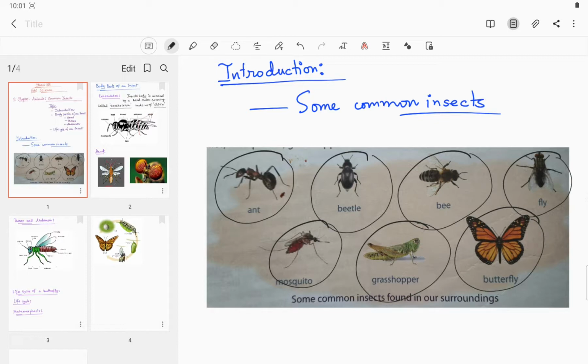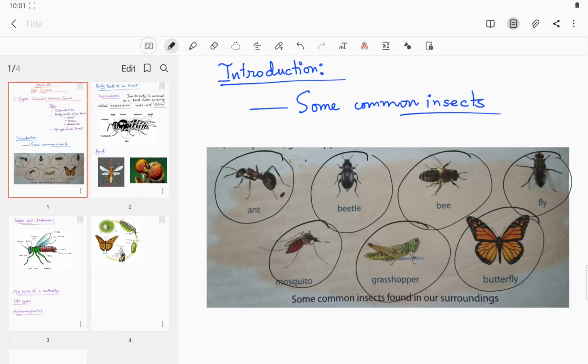If you look carefully, you can check they differ in size. That means their sizes are different, their shapes are different, their colors are different, and many features. Some of them have wings, some of them don't have wings, so many other features they have.